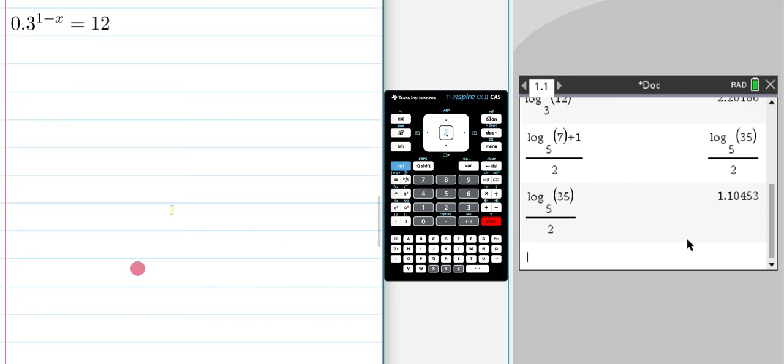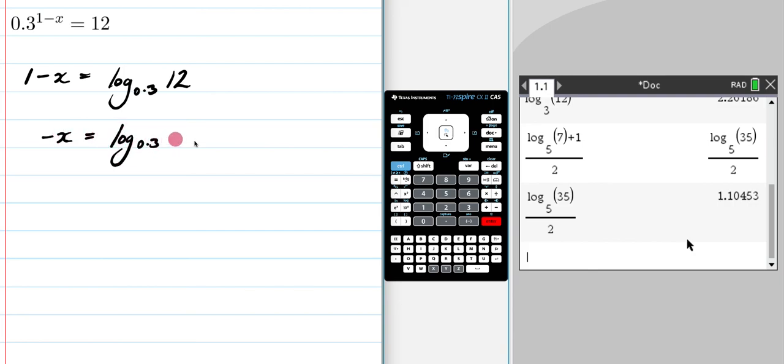Again, exactly the same logic here. So what we're going to be doing is saying your exponent is your answer. So 1 minus x is equal to log of 0.3 is your base, then 12 is your argument. Now you want to get x by itself, so I'm going to subtract 1 from both sides to get negative x is equal to log of 0.3, 12 minus 1.